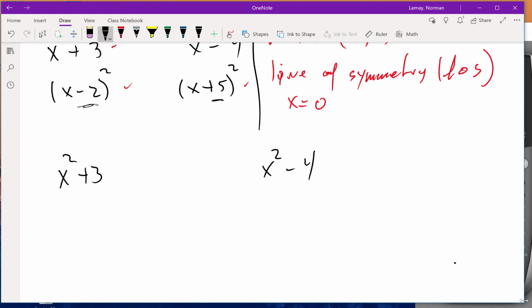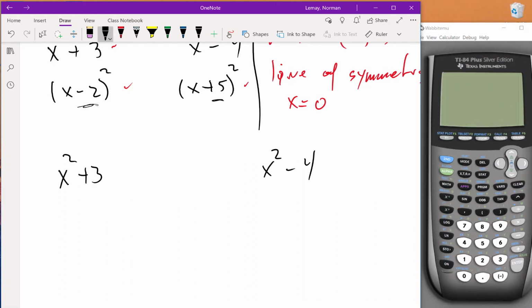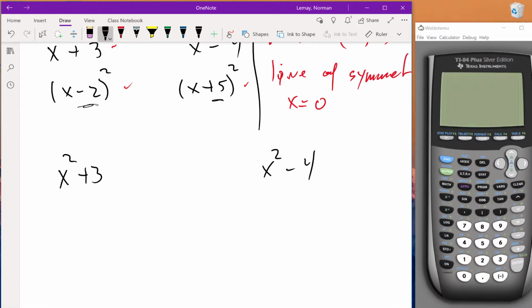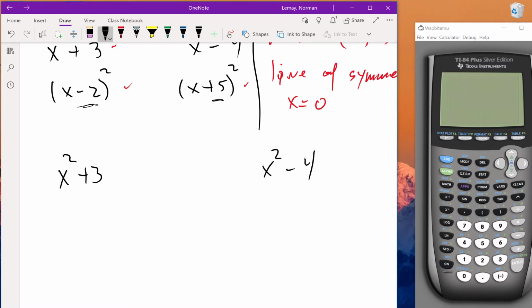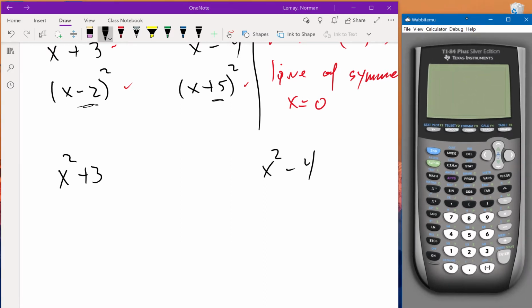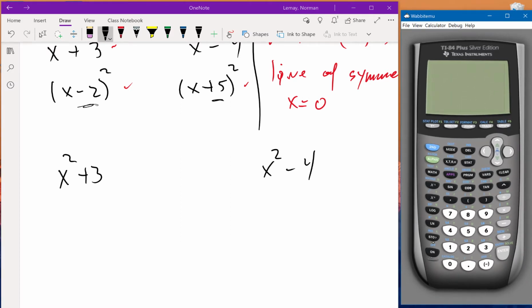But I think a picture is worth 1,000 words. So I'm just going to use this graphing calculator, and let's take a look at the picture and see if we can come up with some generalized conclusions here. I'm not really worried so much about you following along and learning how to use this. Eventually you will.